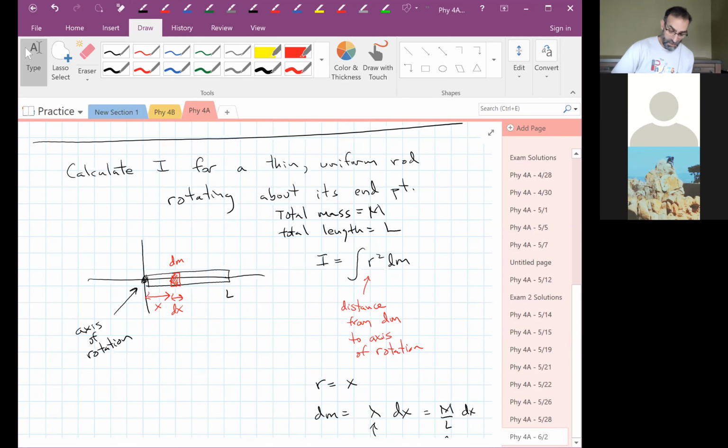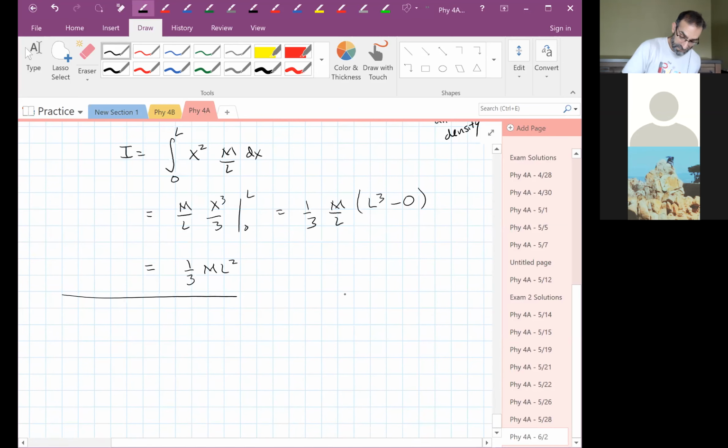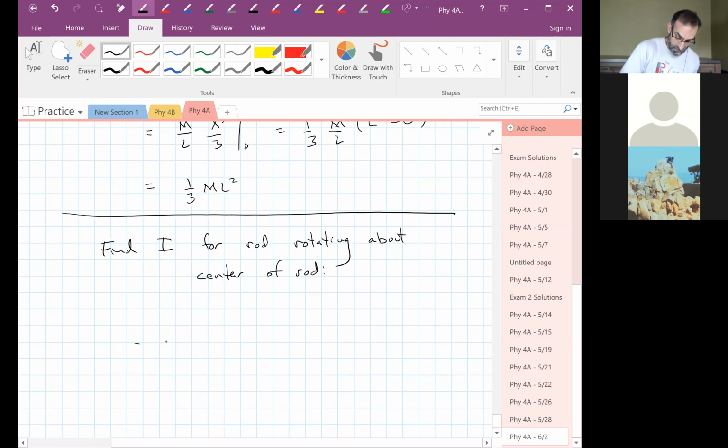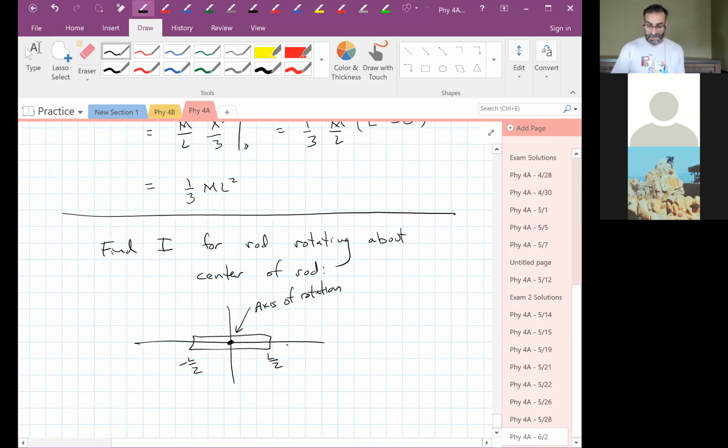If we're finding it about the center point, let's do it. But before we do it, you should be able to just look at this and tell me it's going to be more or less. Which one is going to have the bigger rotational inertia?